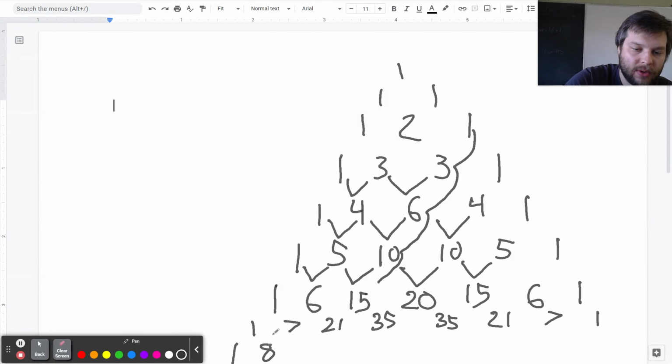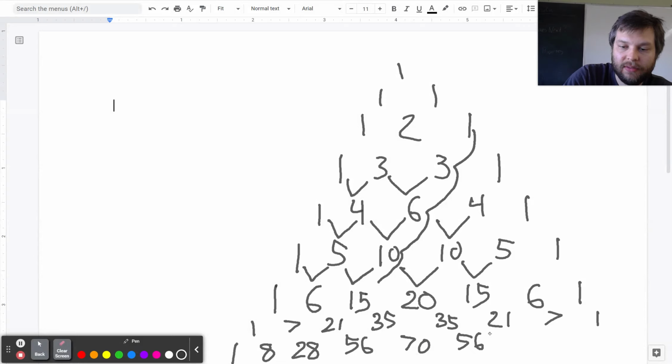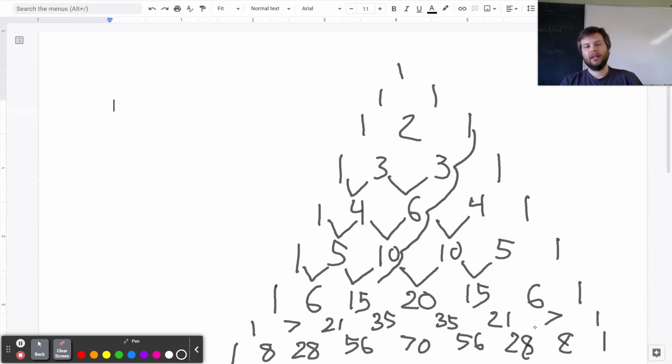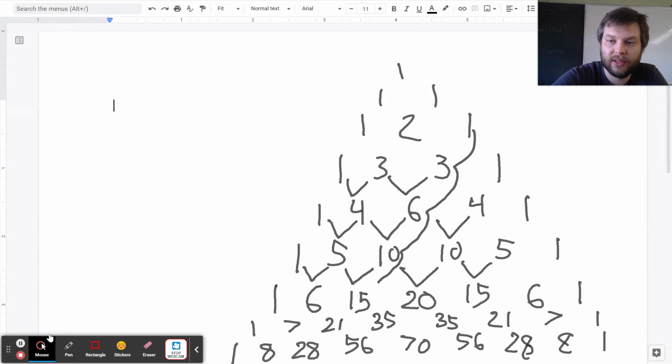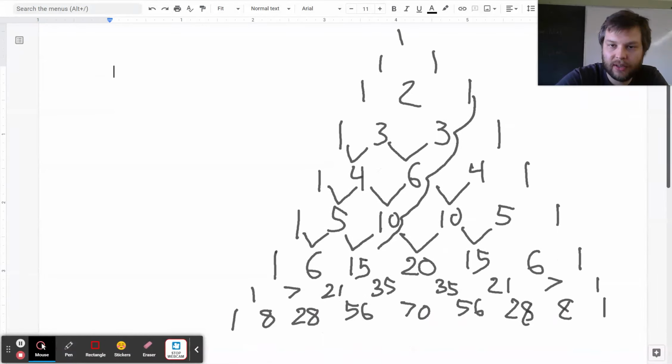So here we have 1, 8, 28, 56, 70, 56, 28, 8, and 1. I hope you notice as well that there's a lot of nice symmetry going on here, that the left side of the triangle is going to look the same as the right side of the triangle.